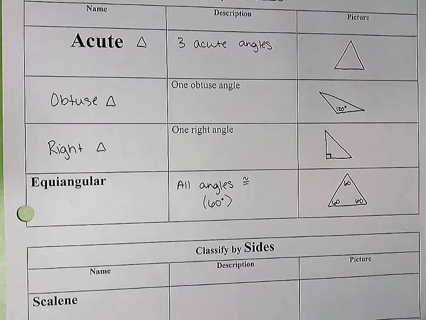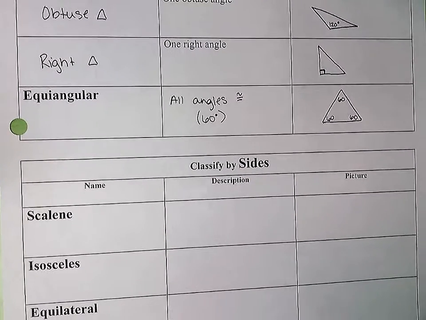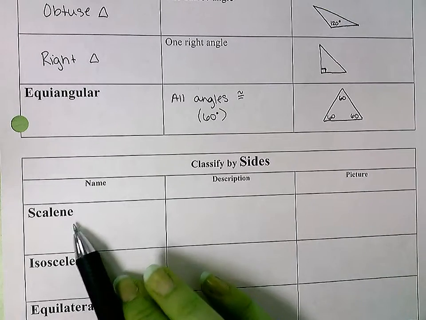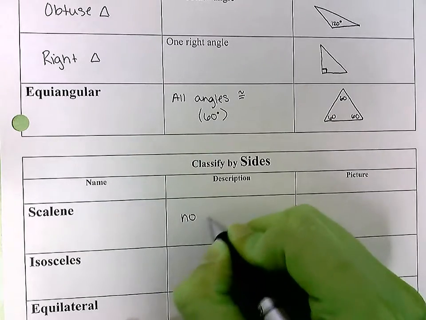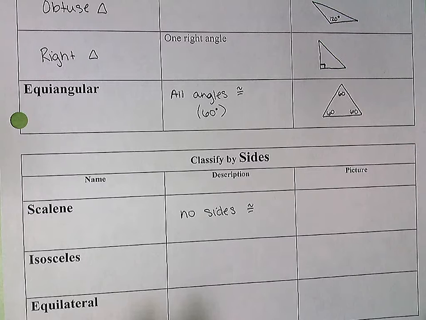We can also classify triangles by their sides. The first type we have is a scalene triangle. Scalene triangles have no sides congruent, so all of your sides are going to be different lengths.